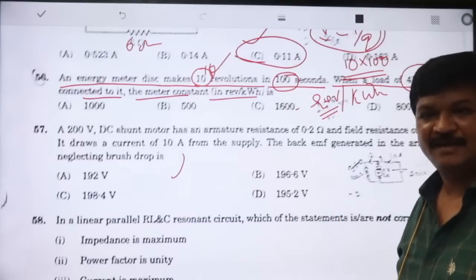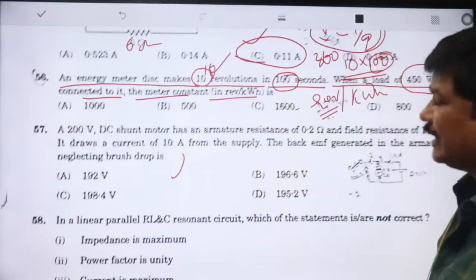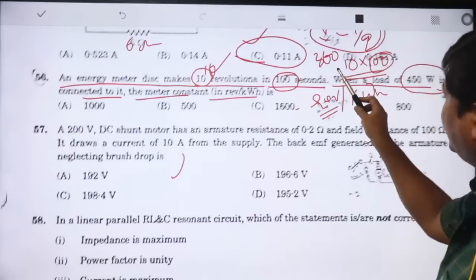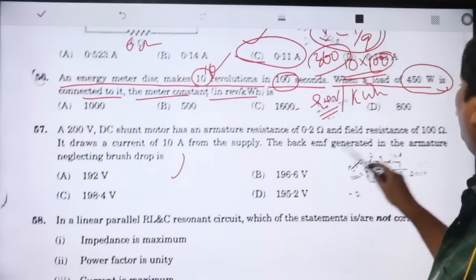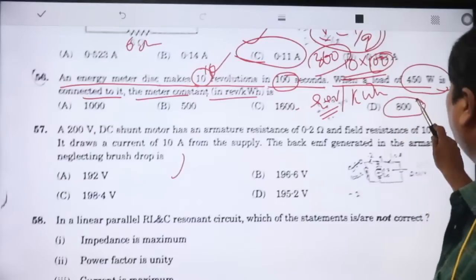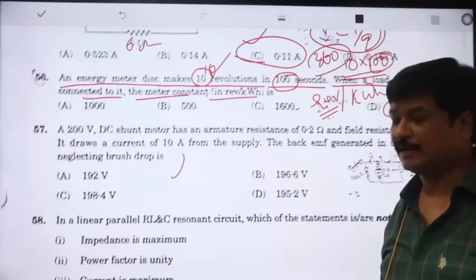And this is for 450 watts. For 1000 watts we are going to get 800 revolutions per kilowatt hour.